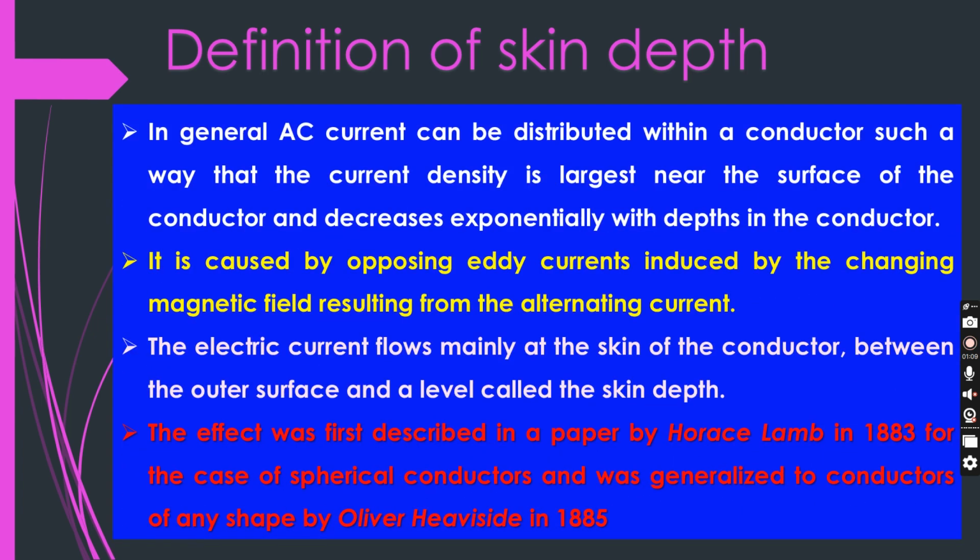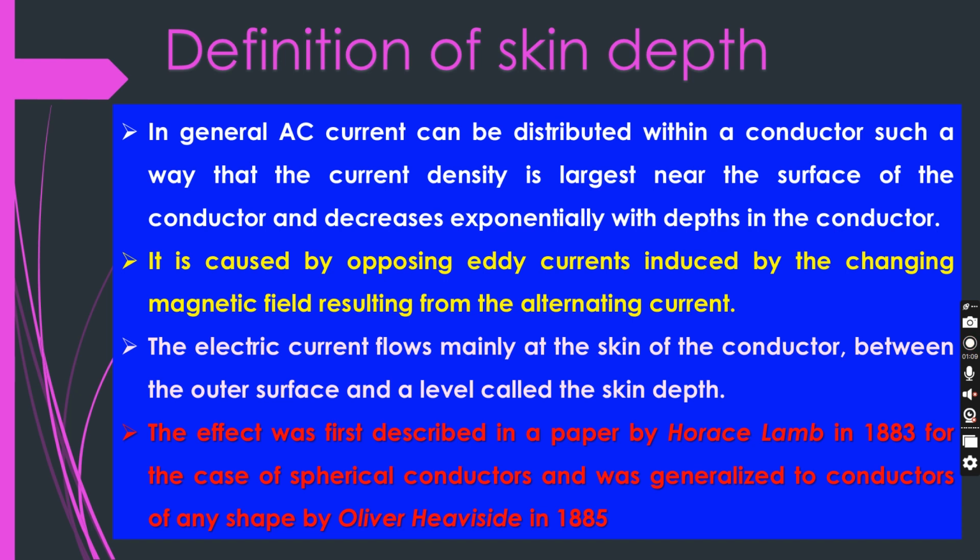Now, further, let us elaborate this definition. In general, AC current is distributed within a conductor in such a way that current density is largest near the surface of the conductor and decreases exponentially with depth in the conductor. So there is the importance of the function of e.